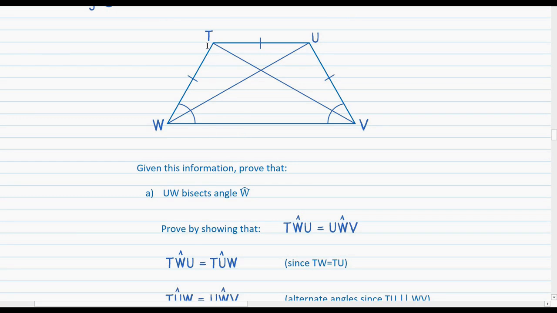So the question said that if the ratio of TU to WV is 5:6, show that area of TUV is equal to 5 over 11 times area of TUVW, meaning area of the entire trapezium. So I'll start by just writing down the information given in the question. So they told us that TU to WV is equal to 5 over 6. In fraction form, that looks like that.